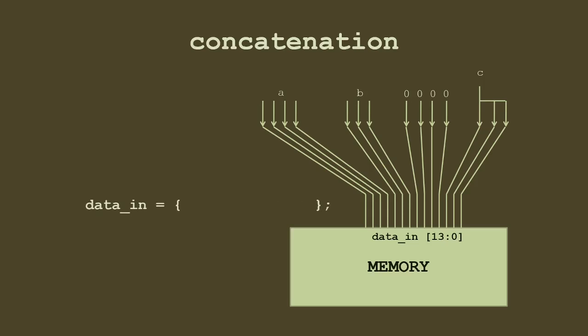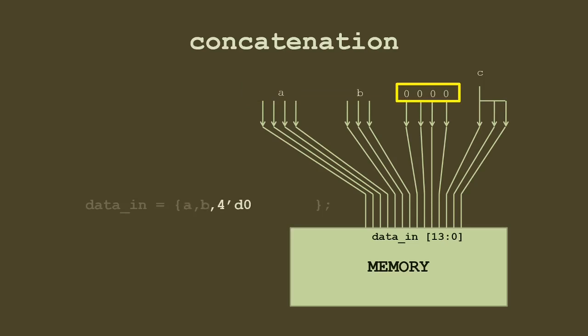So in Verilog, if we want to concatenate things this way, we put a curly bracket and write data_in is equal to, and within the curly brackets, whatever we write will be concatenated left to right. For example, if I want A and B, I'll write A comma B, followed by 4 zeros.